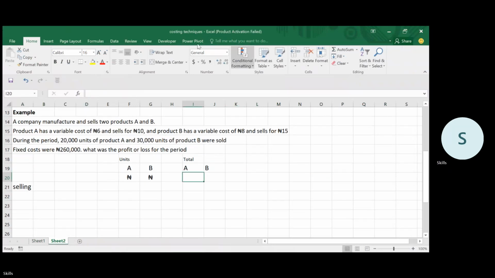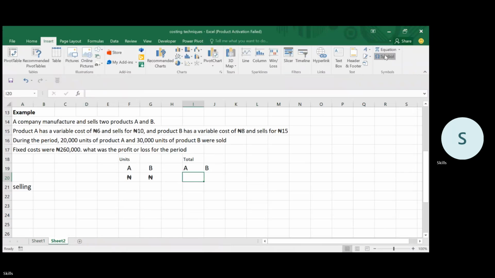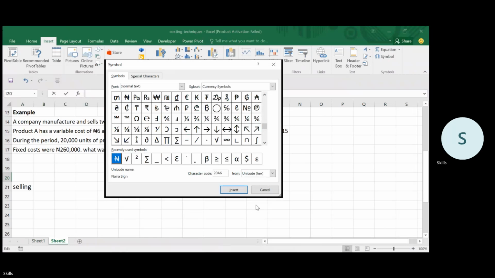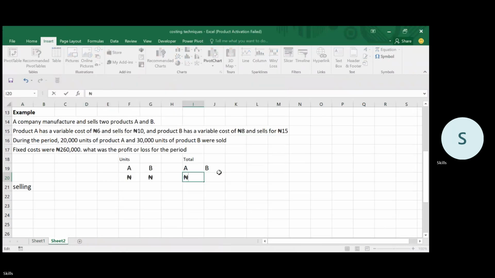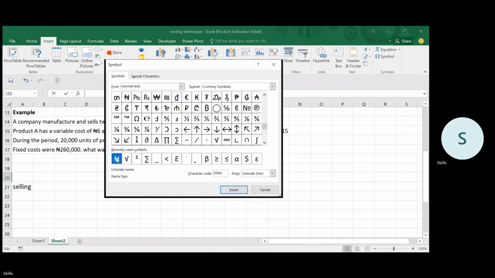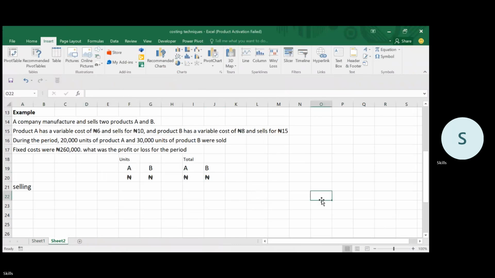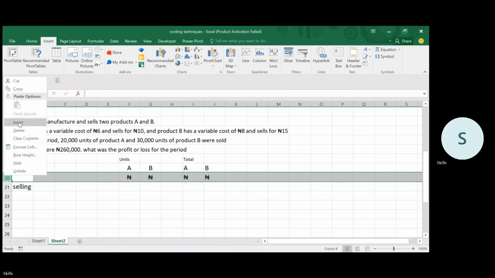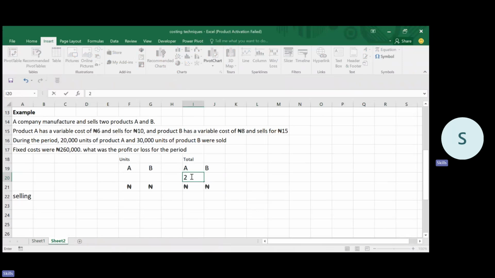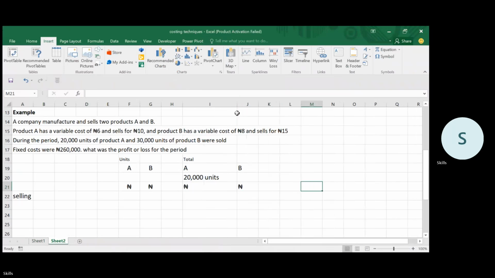So now for A, B, the quantity is 20,000 units for A, and for B is 30,000 units.